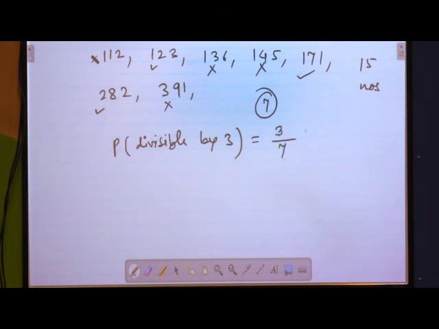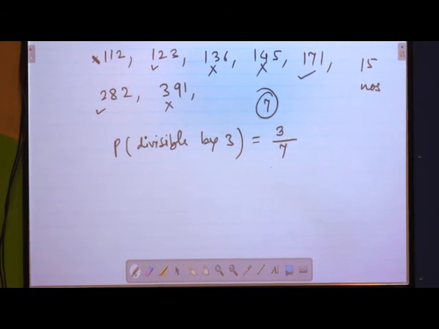In this way you can see that the probability is 3 upon 7. Whatever I have shown you randomly here, we have got this answer.